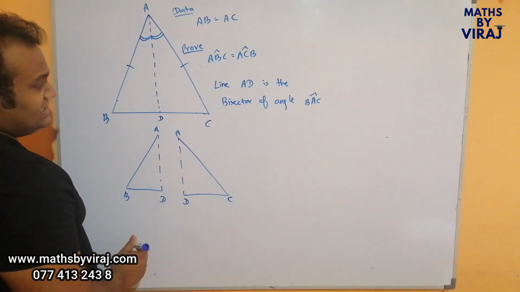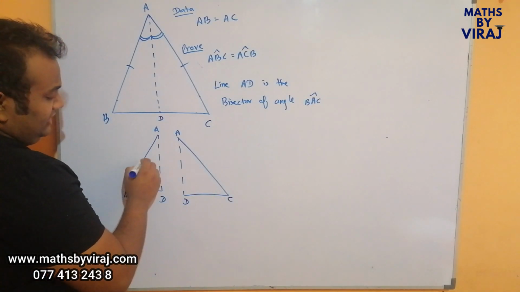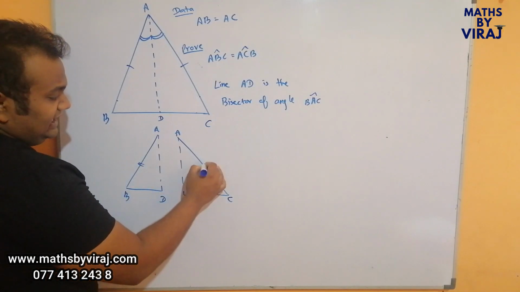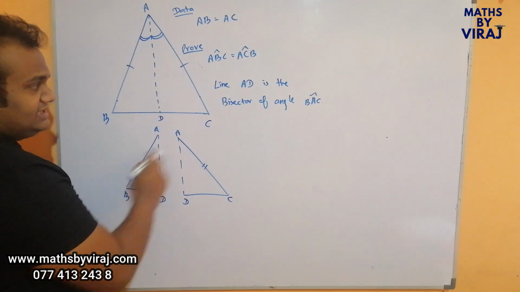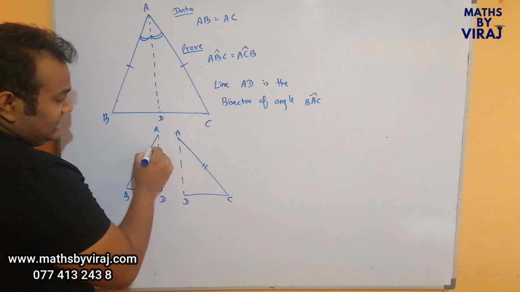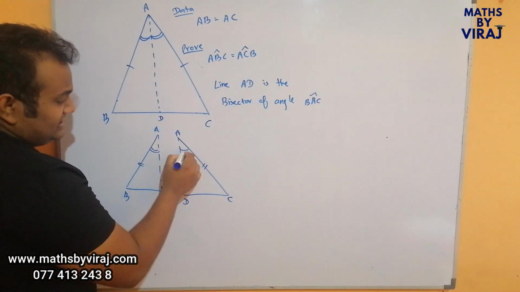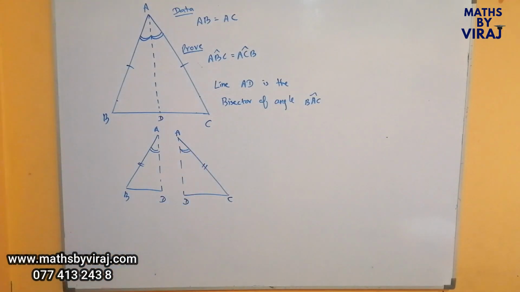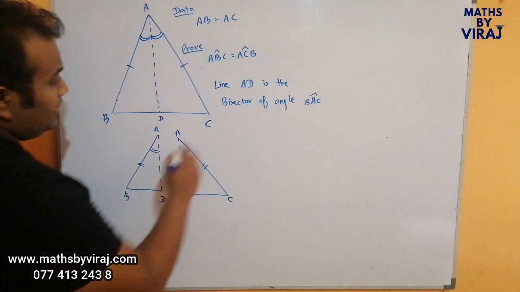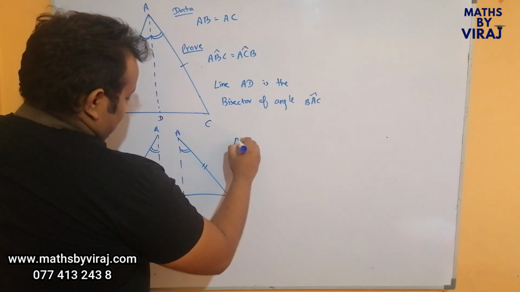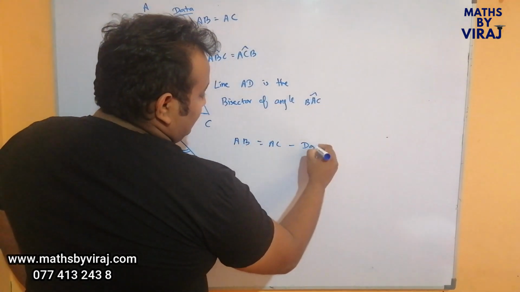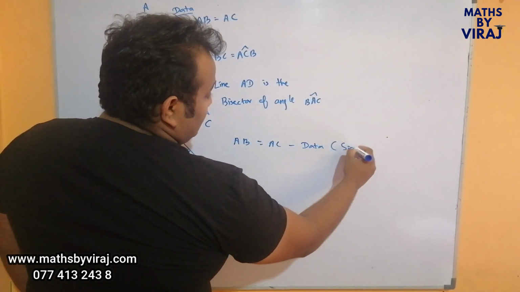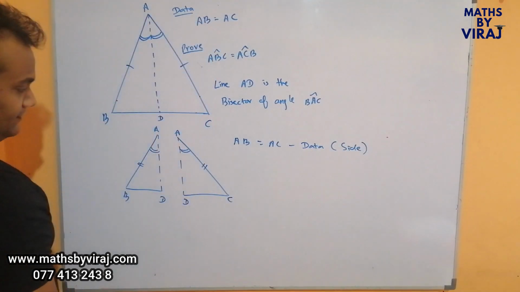It is given to us as data that side AB is equal to side AC. And since we bisected the angle BAC with the line AD, we can say that these two angles are equal in value. Therefore, we can say AB is equal to AC. It was given as data but still can be considered as a side.